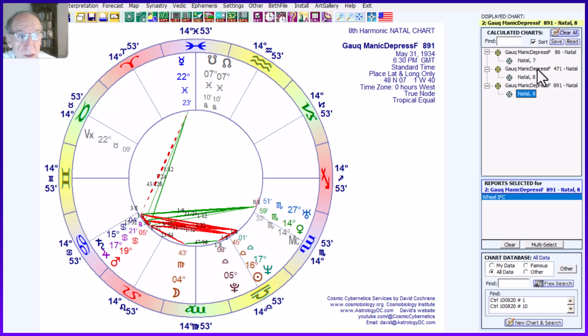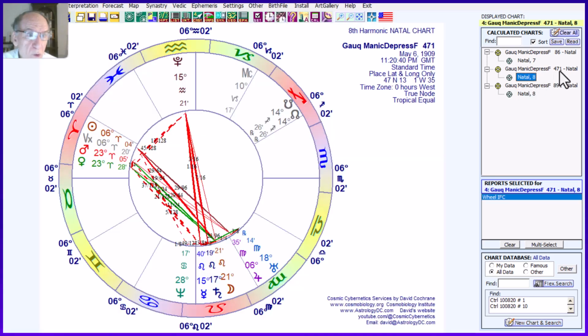And then here's number 471 of the 912. I'm just using these to illustrate examples. And here's the 8 vibration chart, and here's Saturn with Moon and Mercury.